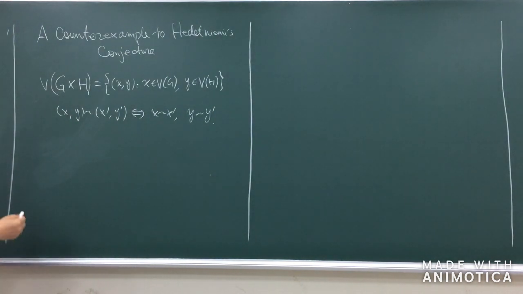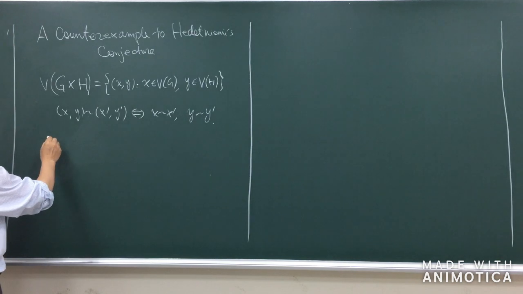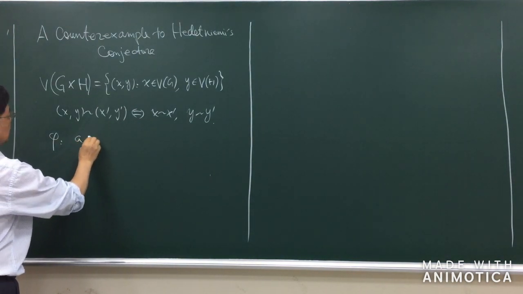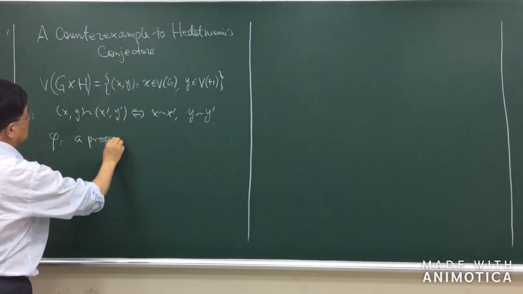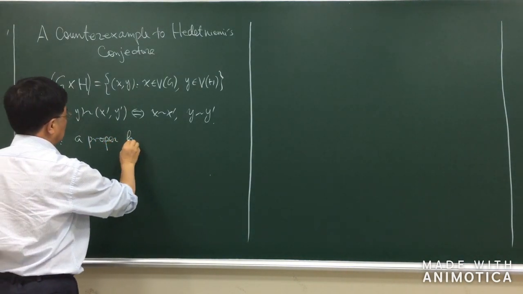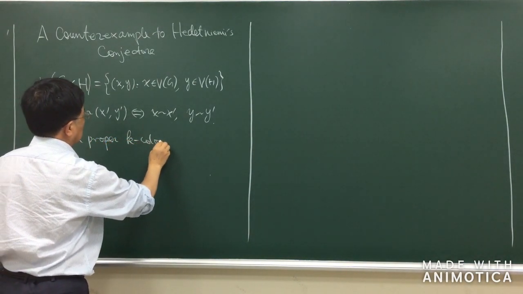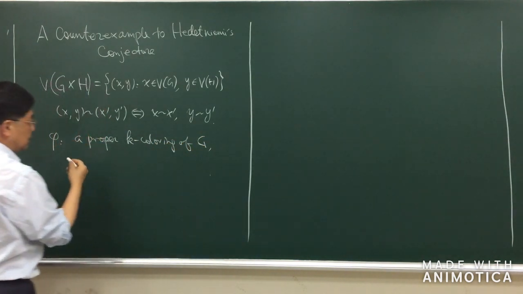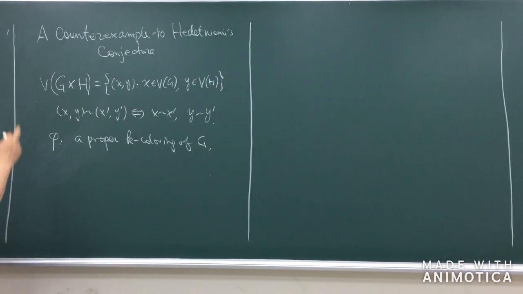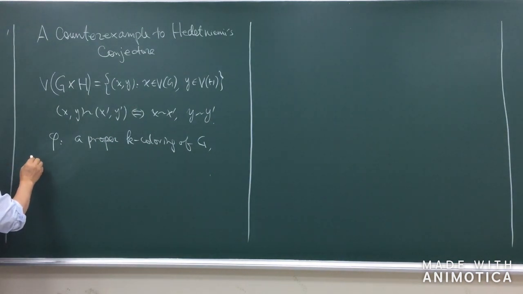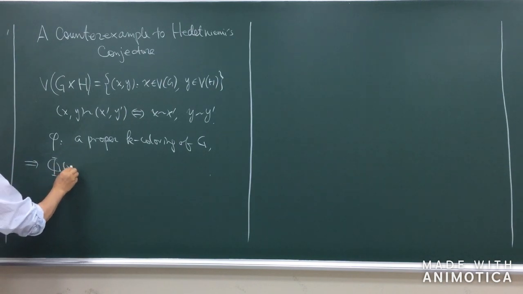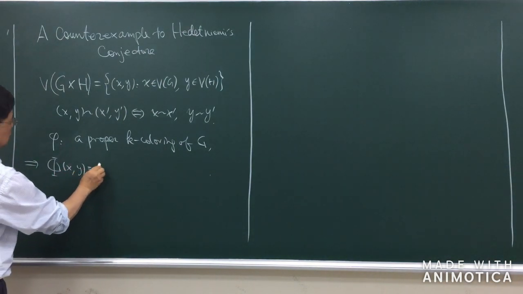Now, if phi is a proper k-coloring of G, then it leads to a proper k-coloring of the product graph, defined by phi(x, y) equals phi(x).